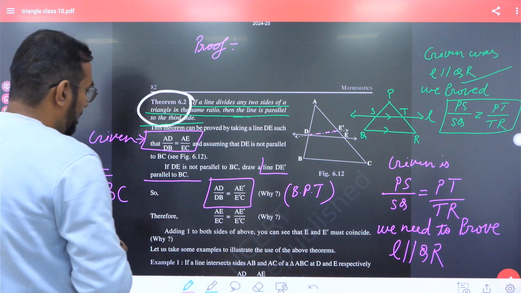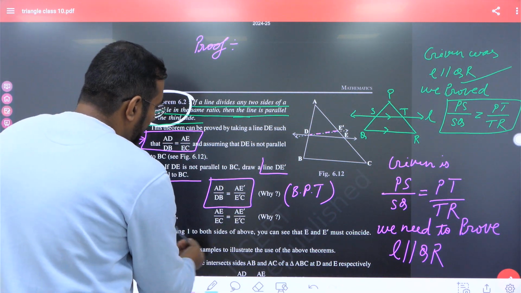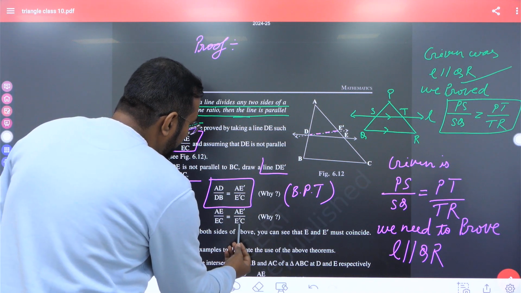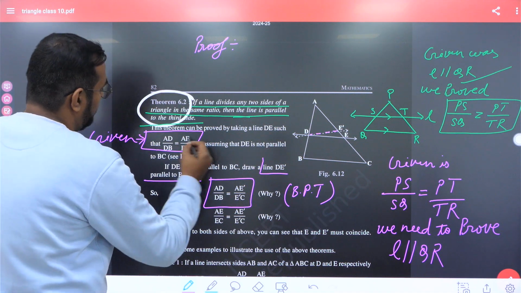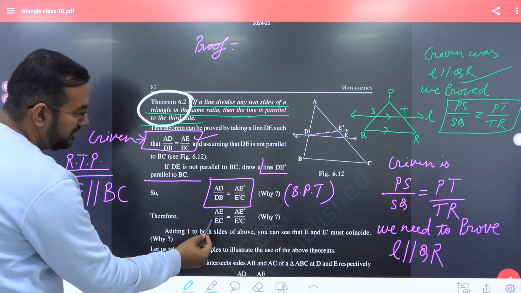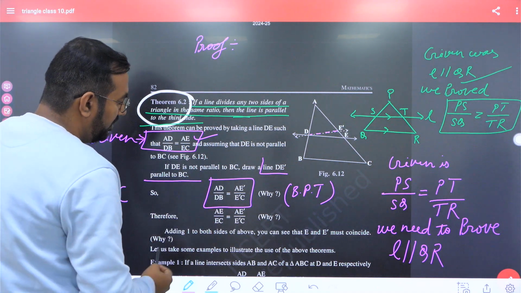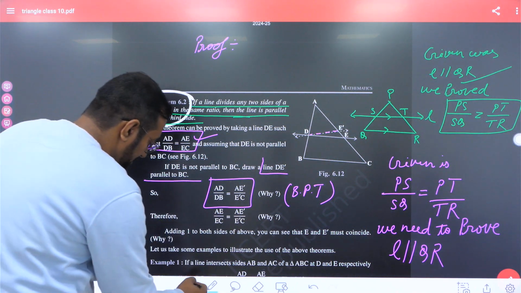And now it is given that AE upon EC is also equal to AE dash upon E dash C. Why? Because look here: AD upon DB is equal to this one, and AD upon DB is also equal to this one.